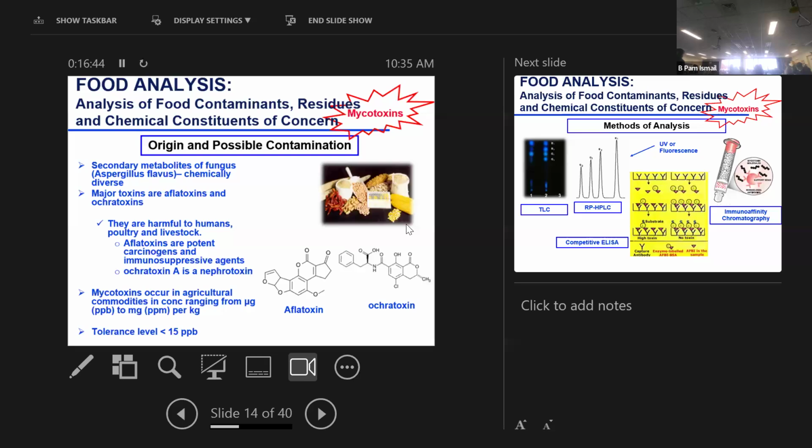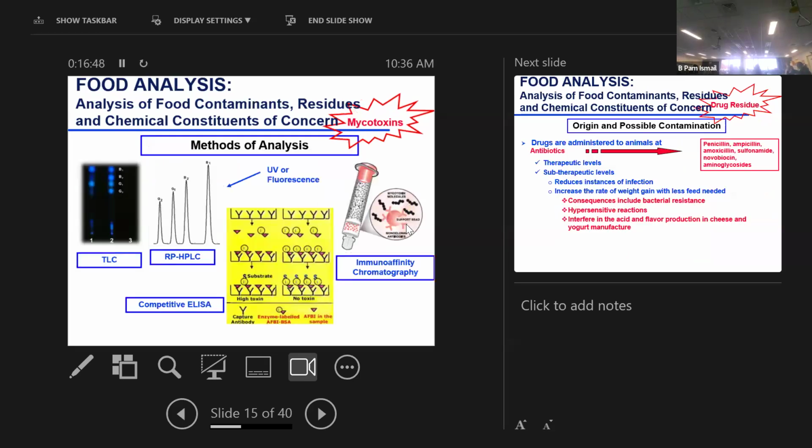So they're mostly carcinogens. Methods of detection: HPLC, thin layer chromatography, absorbance or even mass spectrometry, and then competitive ELISA or immunoaffinity chromatography. So there are so many different methods for determining mycotoxins.